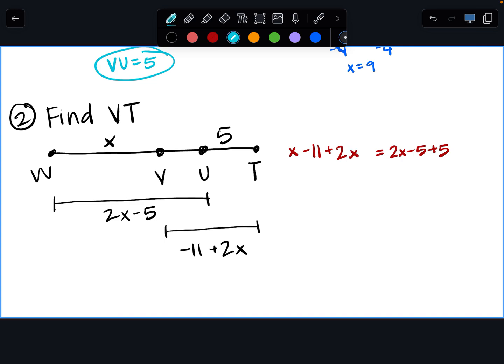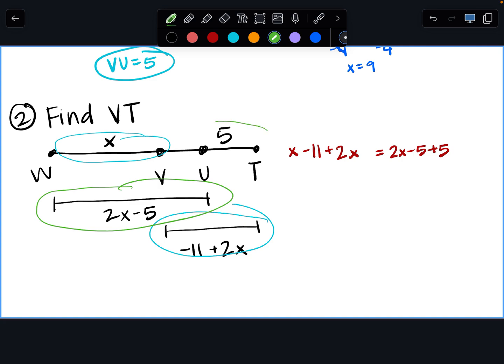So it's this length and this length and this length and this length. Both of those equal the full length of it. So now just solve for x.